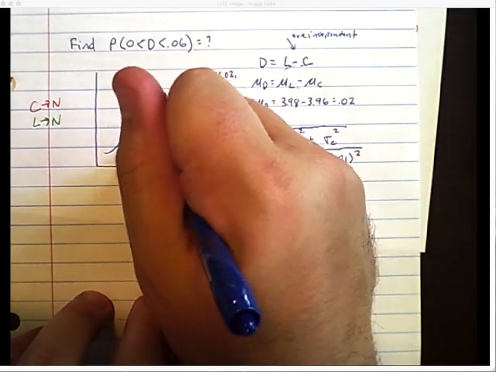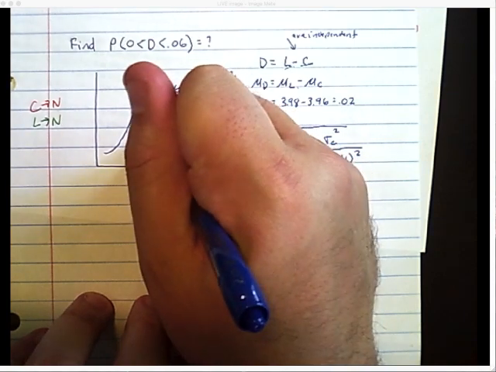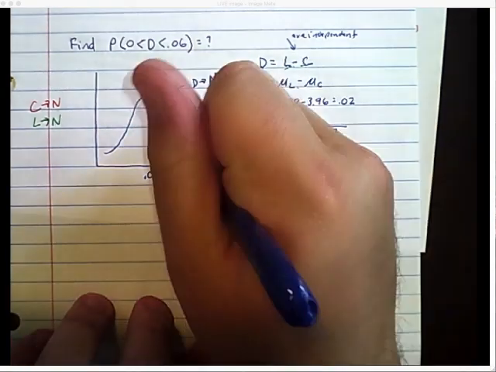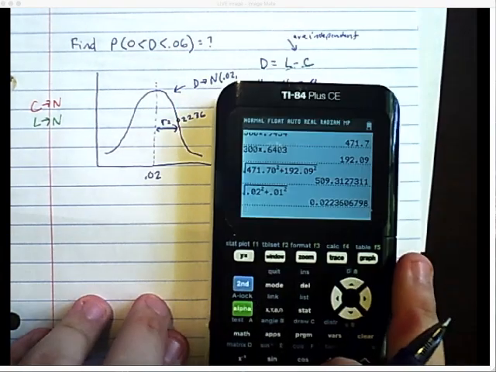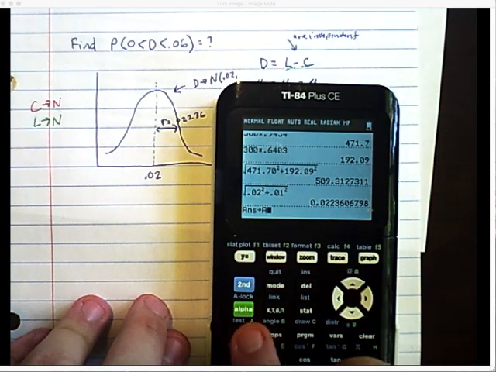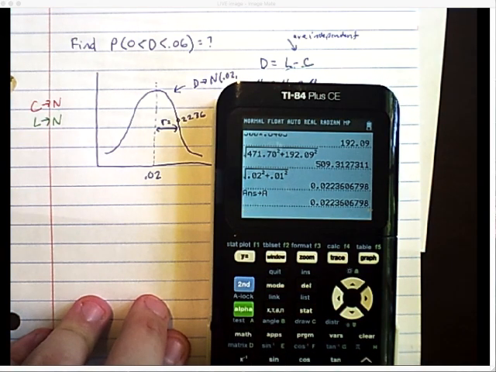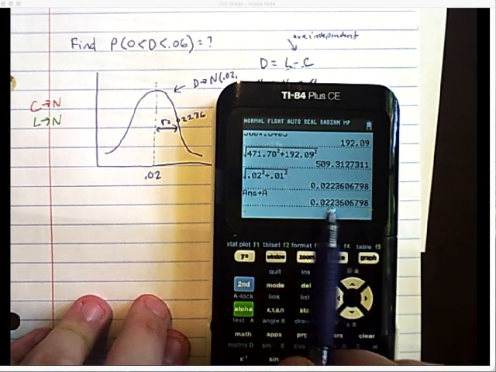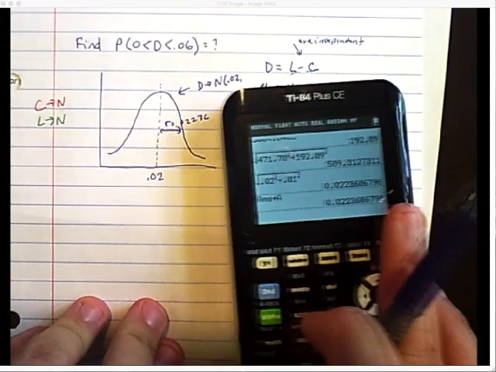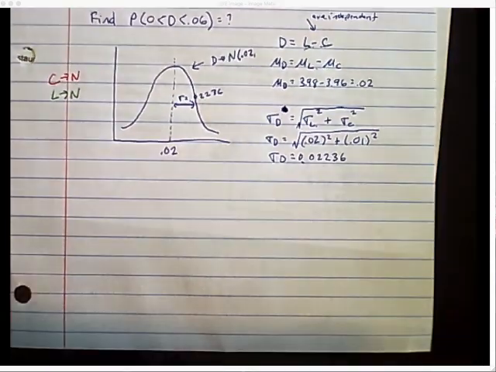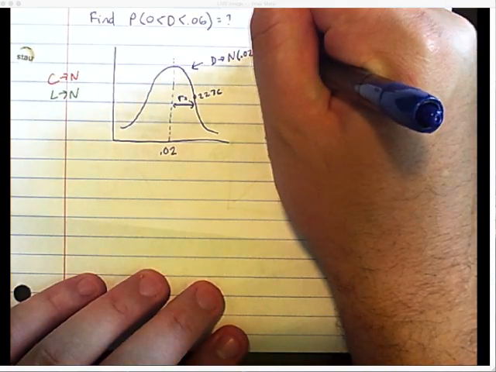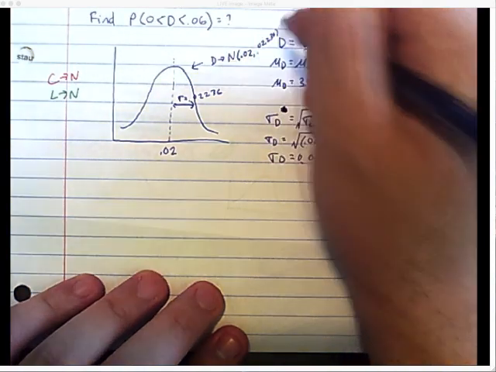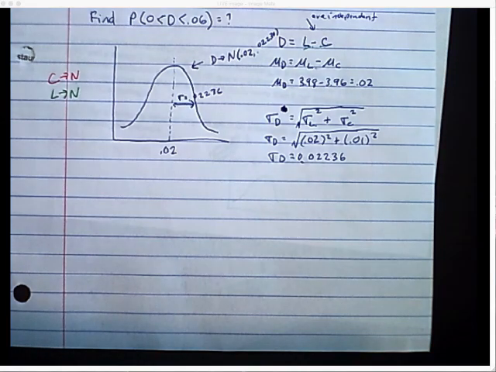So if I go over one standard deviation, here's the sigma. Sigma is 0.02236. And I'm just going to store this temporarily in my calculator. I'm going to say that's A. So I keep all the decimals. Okay. So 0.02236.